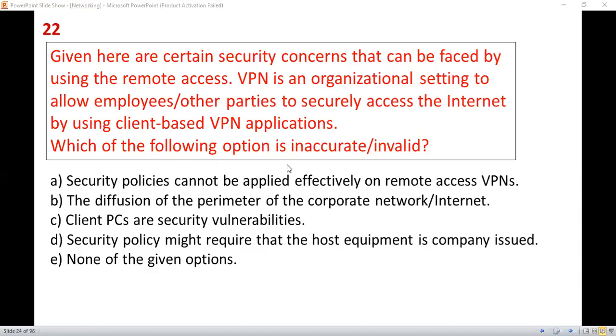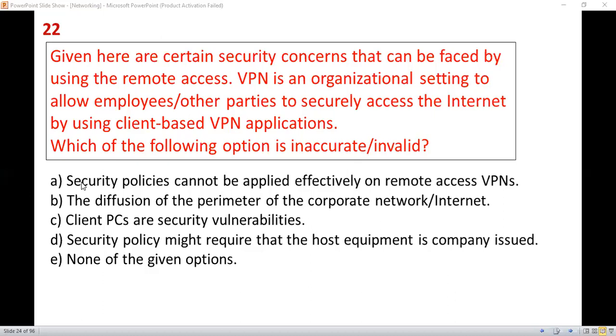Which of the following options is inaccurate or invalid? We need to pick the wrong answer, whatever is mentioned here.